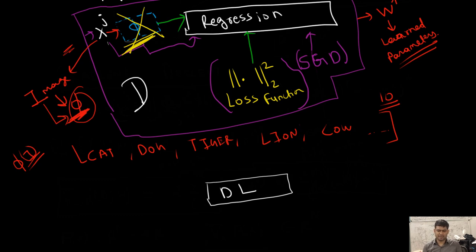So here you will directly pass your input image or the training example x_j. You'll have to supply a loss function again, and you have to supply a learning algorithm to the deep learning model that you're constructing.